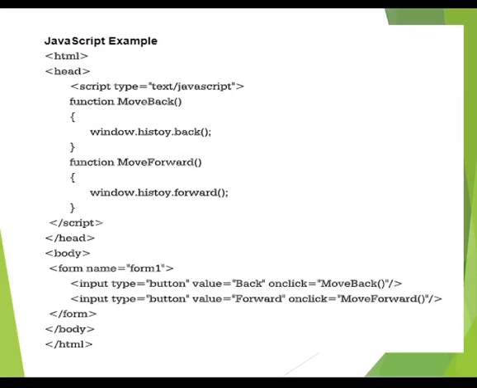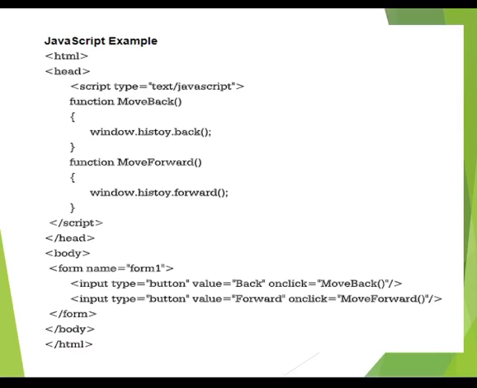So HTML tag, then your head tag, then script tag. Here we are going to take two functions. First is to move back and second is to move forward, okay. So function moveBack, the name of the function is moveBack. In that, how are you going to move back? We are going to write window.history.back, back method, open and close bracket and give semicolon.